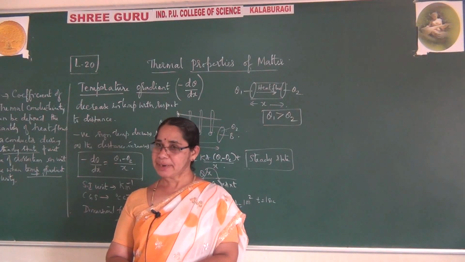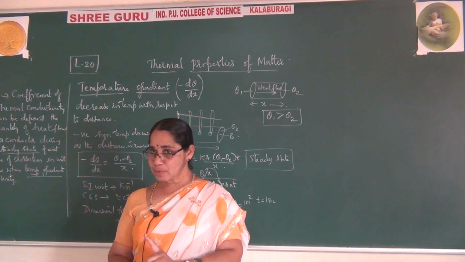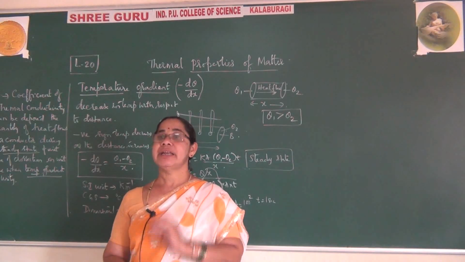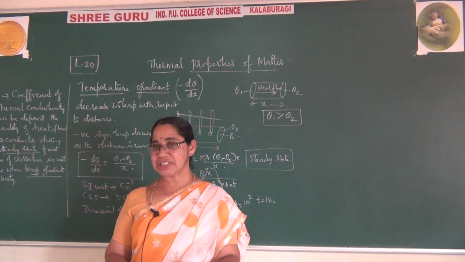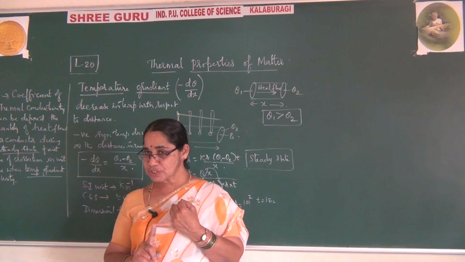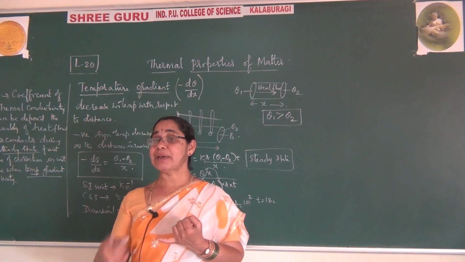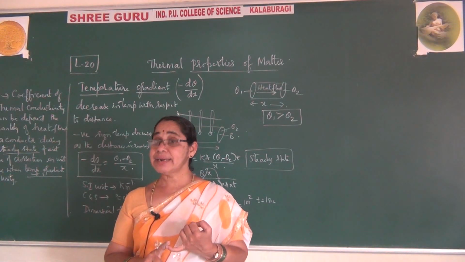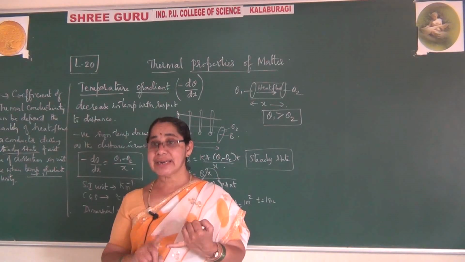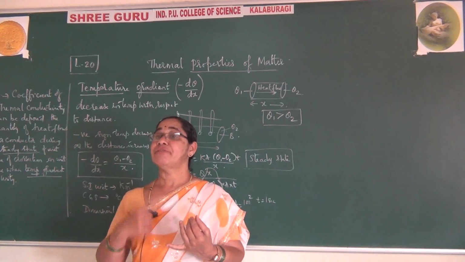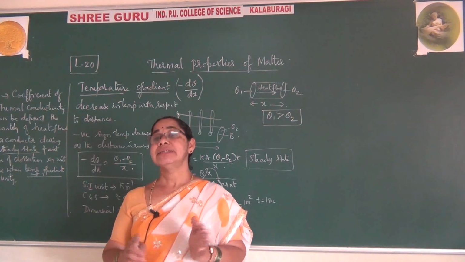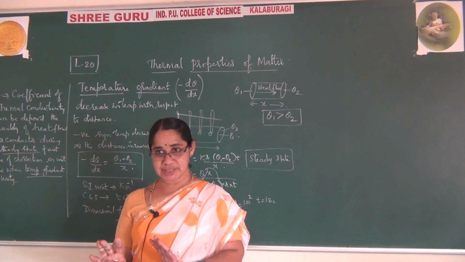Now I'll repeat once again. This is a 5 mark question. If you learn this, it is very useful for the theory question, for the 5 marks question, and sometimes they may ask only for 1 mark: write its dimensional formula, or write its SI unit, or define the coefficient of thermal conductivity. Separately, they may ask 1 mark questions.